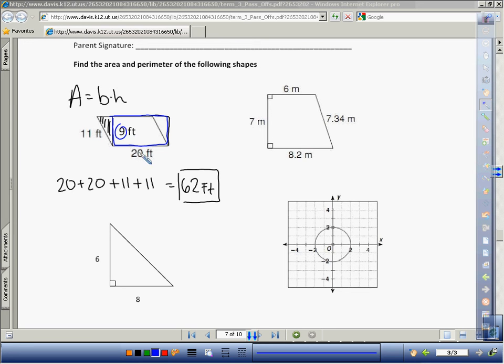So all I need to do is multiply the base and the height together, and it'll give me the same answer whether it's a parallelogram or a rectangle. So I've got 9 times 20, and 9 times 20 is 180 feet.